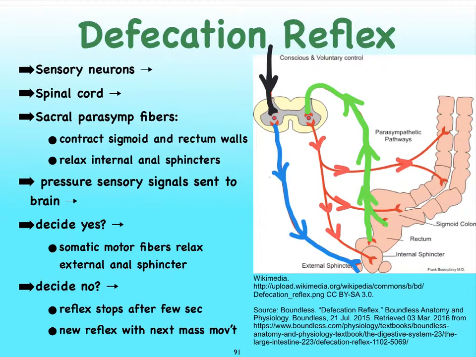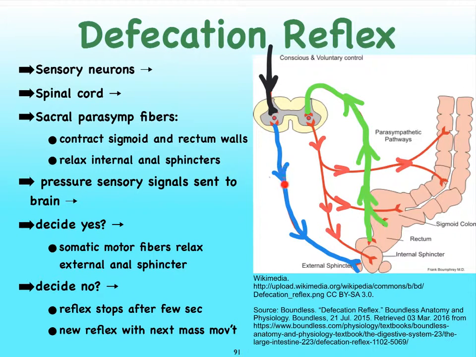nervous system. As feces begin to accumulate more and more in the rectum and the anal canal in particular, pressure starts to build. That pressure is now being sent into the brain. The brain then sends signals into the spinal cord such that with the help of our somatic nervous system, we can decide whether to relax our external anal sphincter or not.